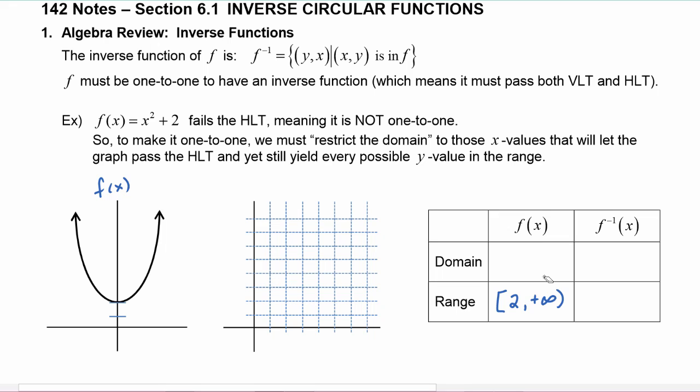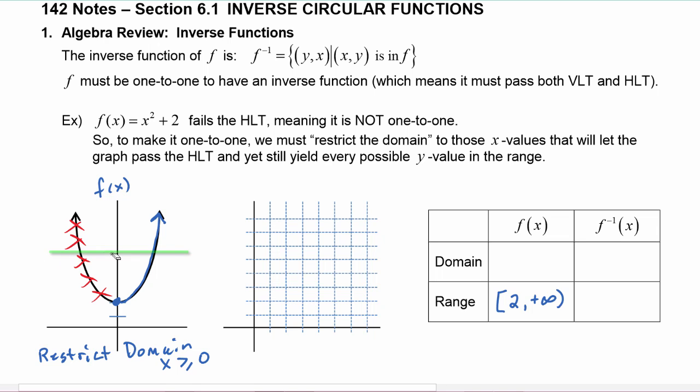And the way we could accomplish that here is to restrict the domain to be x is greater than or equal to 0. So it would be starting here and going along this part of the function. And what we would do then is get rid of this part of the function.